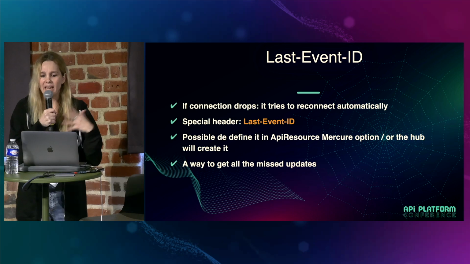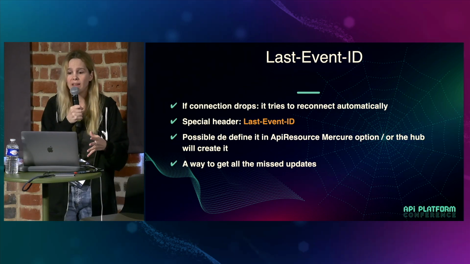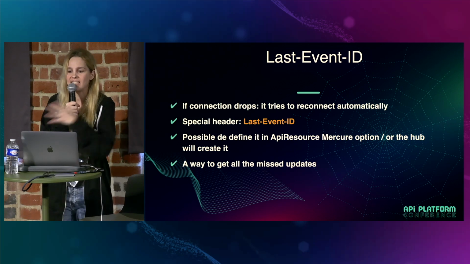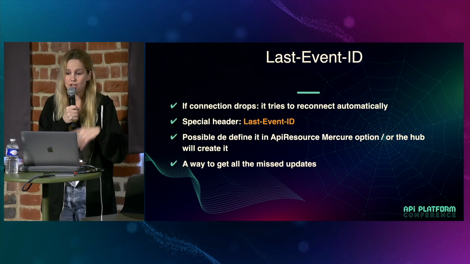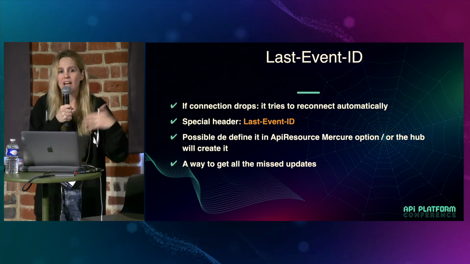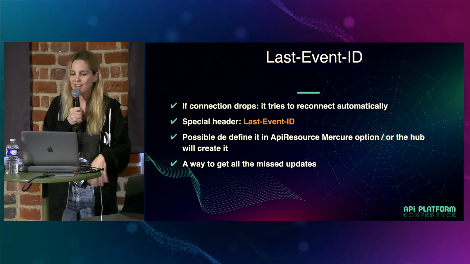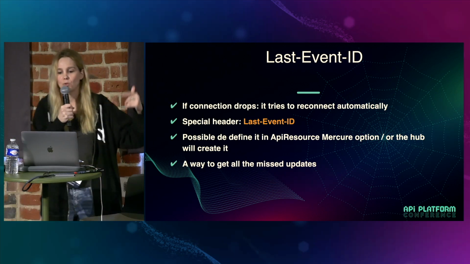So Mercure helps keep everything in sync, even when connections drop. If a connection is lost, it automatically tries to reconnect by sending this special header, the last event ID, to catch up on any updates that were missed while it was offline. And actually, you can define this in the Mercure options within the API resource using the ID.